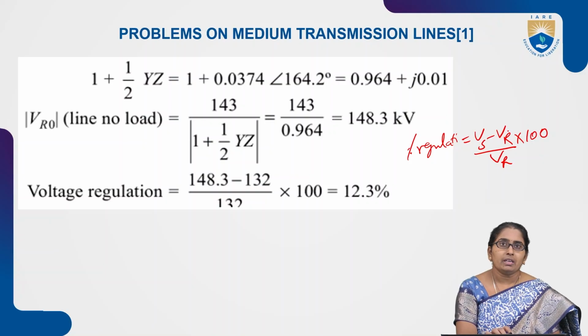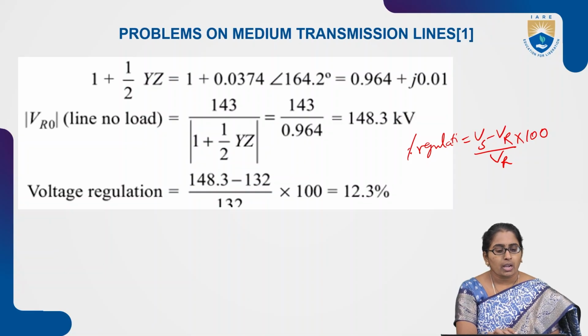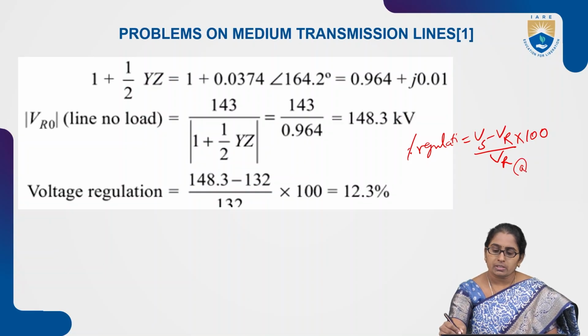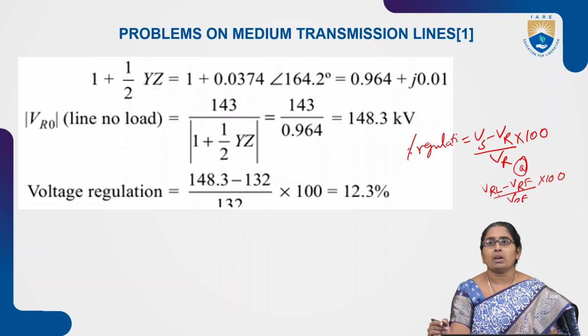But to calculate the exact value, the formula is: percentage regulation is the receiving end voltage at no load minus the receiving end voltage at full load, by the receiving end voltage at full load. That is the exact formula.